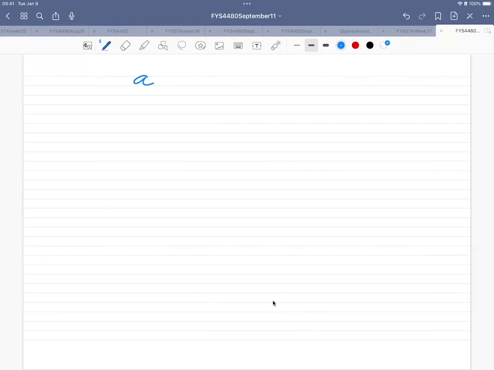This is a simple case, but even this simple case is going to require us to pay attention to all the possible permutations which can take place. So let's write it down here. We have a state a1, a2, a3 acting on a true vacuum state. So this is just 1, 2, 3.